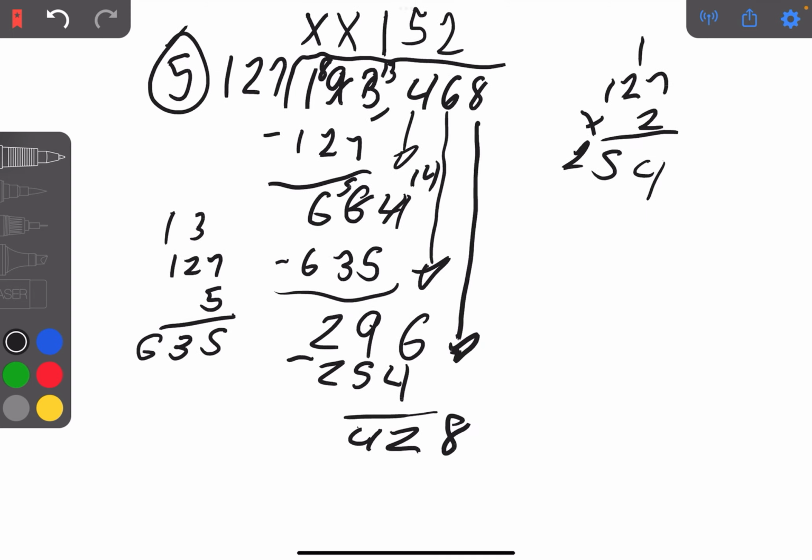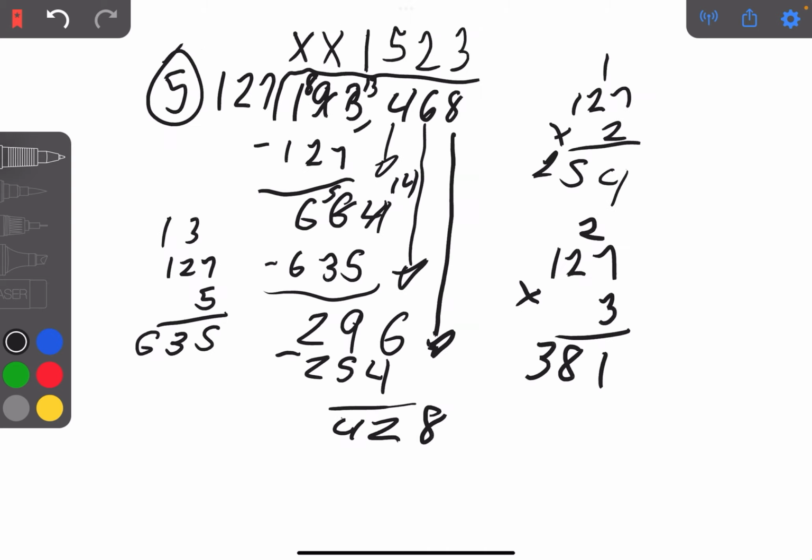And now we've got 428. How many times can 127 go? So 428 divided by 127. So what we're going to do is we're going to do 127 times 3. So we get 381. And we'll add a 3, minus 381.